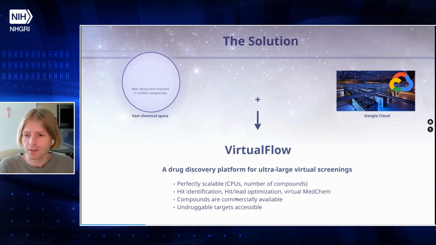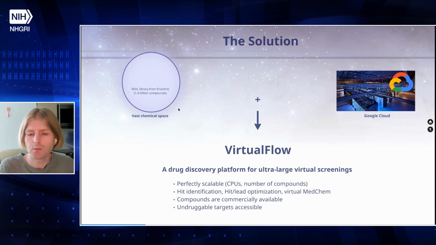So VirtualFlow needs two major resources in order to be able to screen these large amounts of compounds. One is, of course, a large ligand library. And one of our primary libraries which we are using is the REAL library from Enamine. The version which we have prepared contains 1.4 billion compounds.